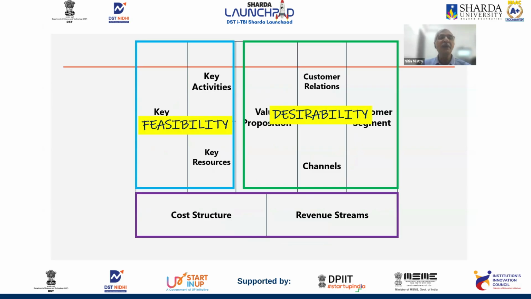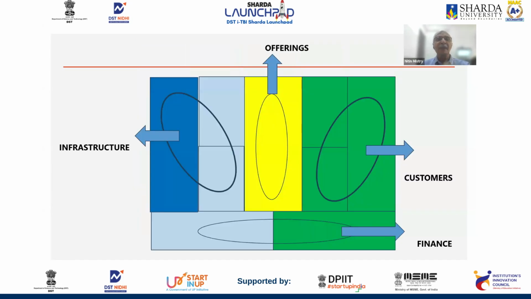That means how I am able to deliver: key activities, key resources, key partners. And this becomes viability. Cost structure and revenue become viability. So this is how I converted my Venn diagram into the business model. So this becomes the customers, this becomes the infrastructure of your manufacturing, and this becomes the finance part of it, and this becomes an offering.